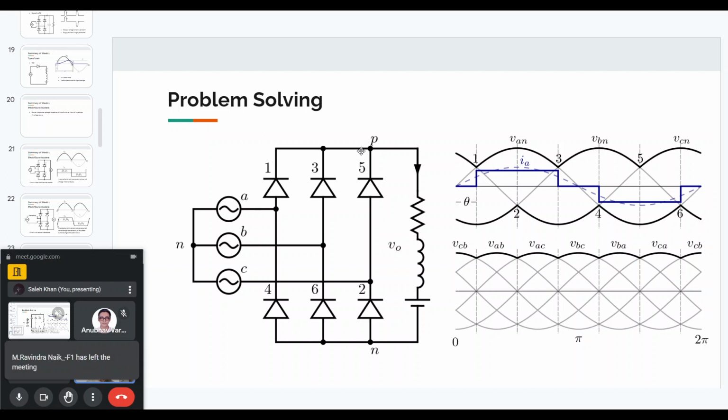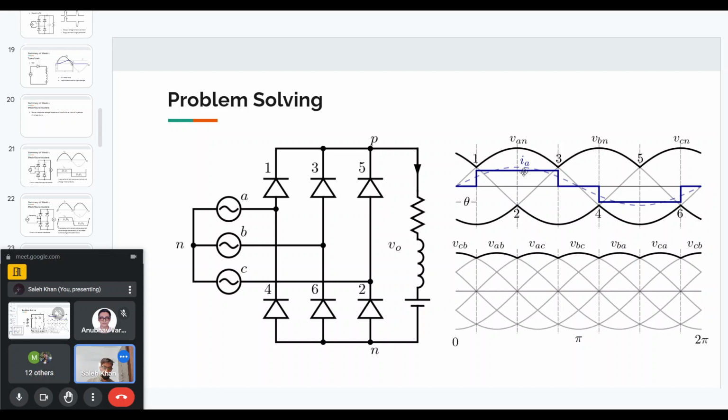At the output, at the P point, we will get VA voltage. And since diode 2 is on, at this N point, we will get VC voltage. So the total load voltage will be VA minus VC. That will be the line voltage VAC. That is what I've shown in the lower diagram or waveforms.